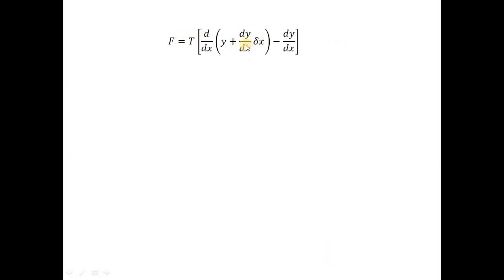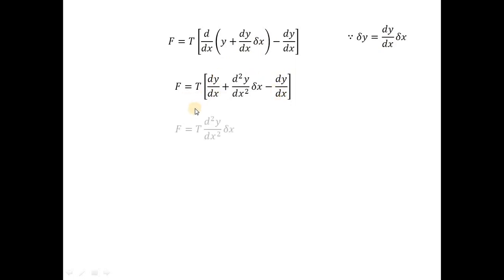Thereafter, in place of del y we can write this, because from the definition of the partial derivative we know that del y is equal to this. Further mathematical approach gives us this, and here this and this get cancelled out and we are only left with this, and let this be equation number 1.